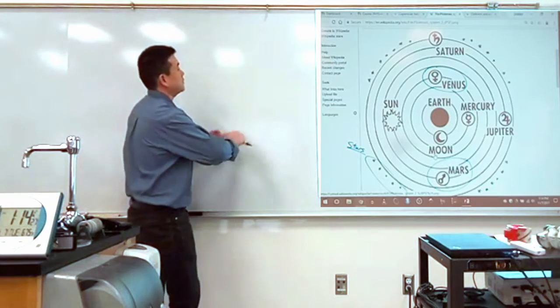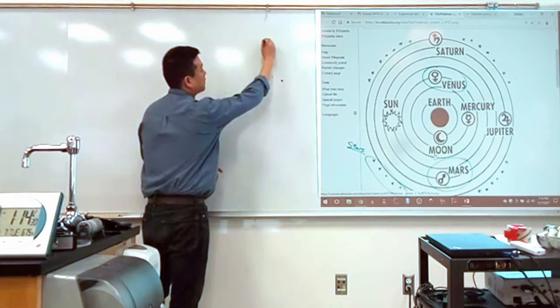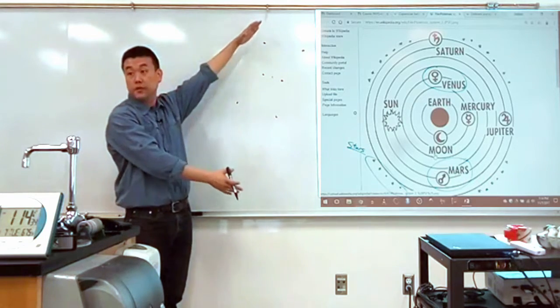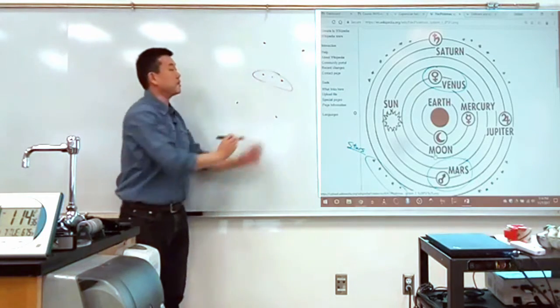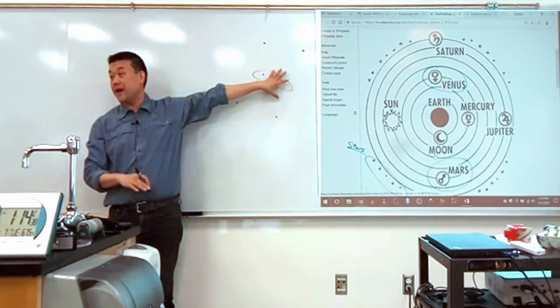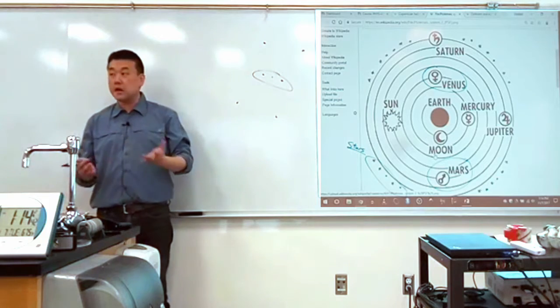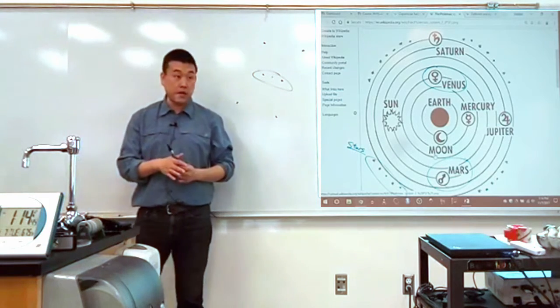Orion looks like this. Orion's belt and two stars like this. It's a big pattern that you will notice. Once you notice these three stars in a line, you will see that all the time, every time it's winter. And in the spring and summer, you will see a different set of constellations.